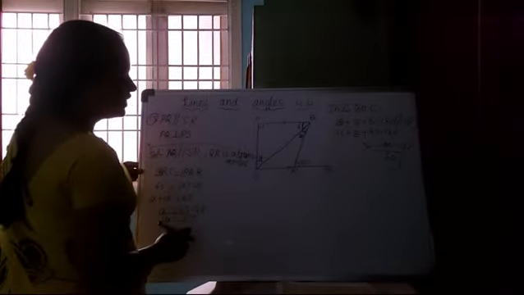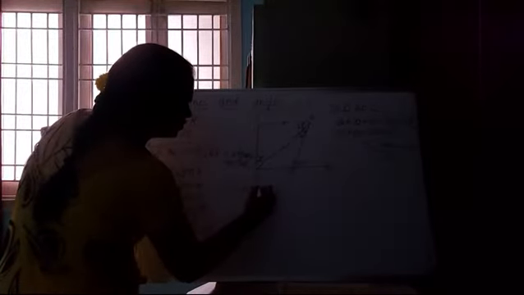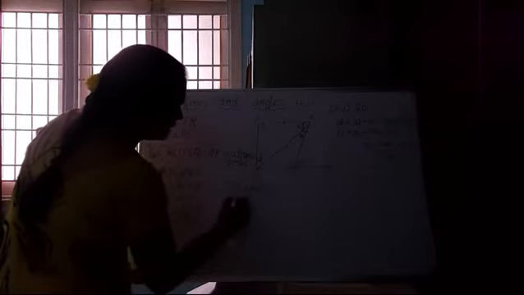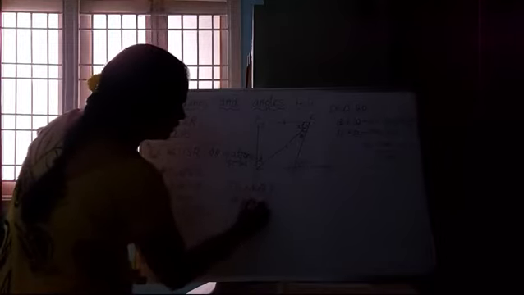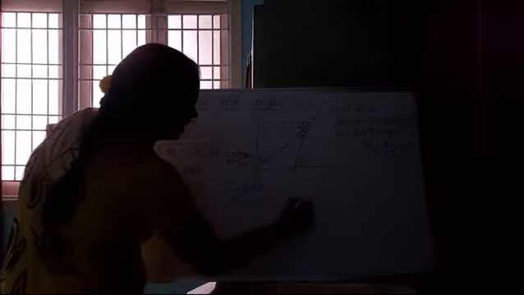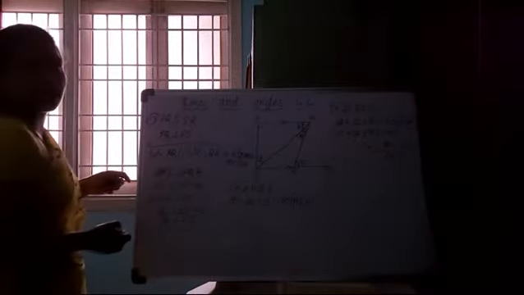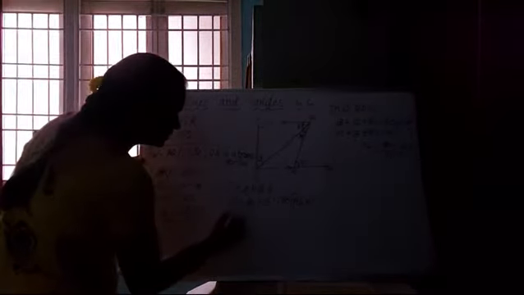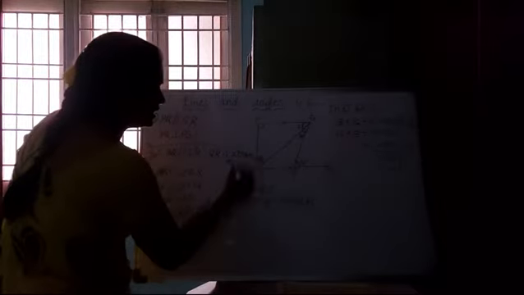Now we have to find out angle Y. How to find angle Y? In triangle PQS, angle P plus angle Q plus angle S is equal to 180 degrees. That is angle sum property. Angle P is perpendicular, so it is 90 degrees.